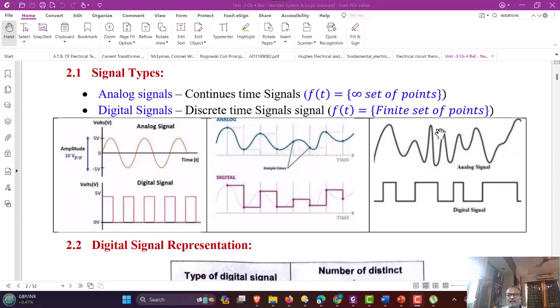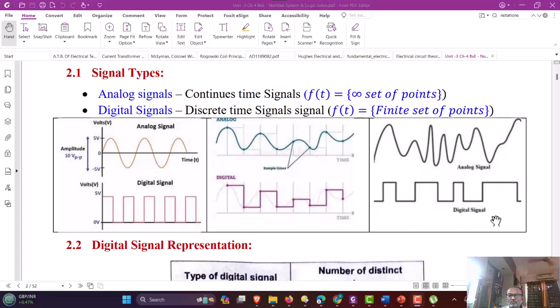The third figure again indicates another analog signal which varies randomly with respect to time, but it is a continuous signal. Whereas the digital signal shown here has only two values, the high value and low value.